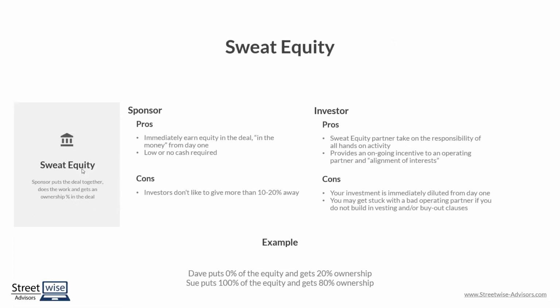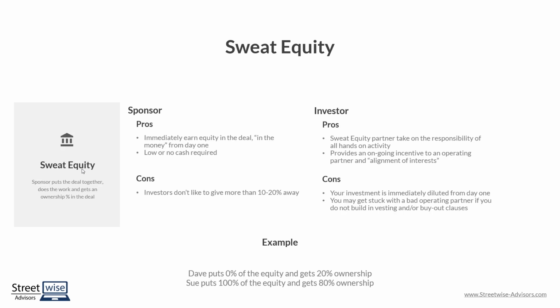So the sweat equity deal is very advantageous. It's one of the most common structures around when you're talking about small deals like fix and flips and things like that. From the sponsor's perspective, it's very great because you're immediately in the money from day one.